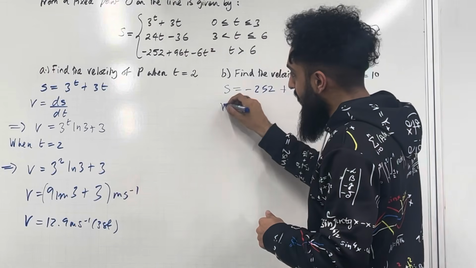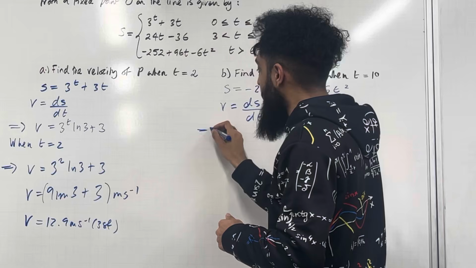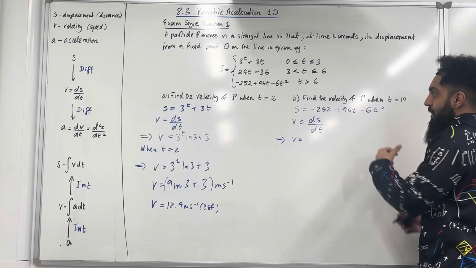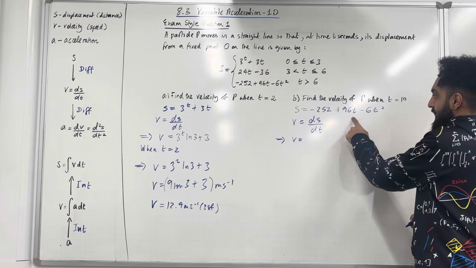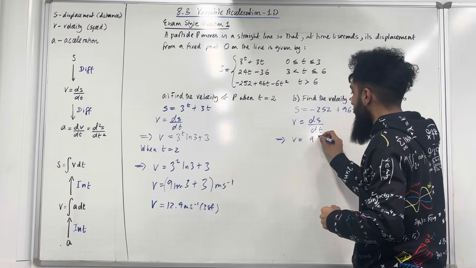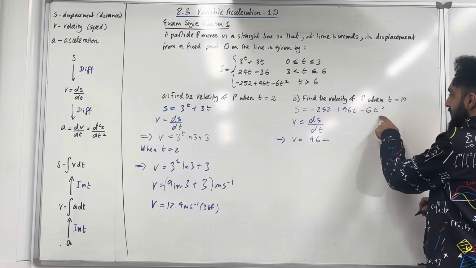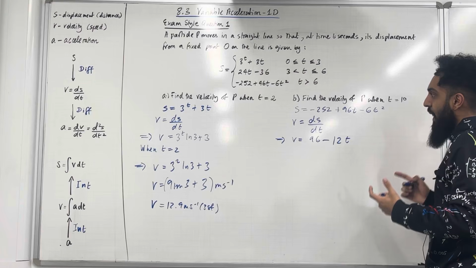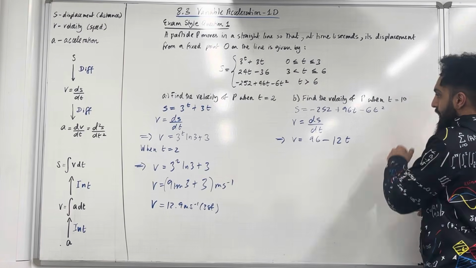We know that the velocity is given by ds over dt. Ladies and gents, this implies that the velocity will be the derivative of minus 252 is 0. The derivative of 96t is 96. Take away, the derivative of 6t squared is 12t. Okay, so we want to work out the velocity of the particle P when t is equal to 10.